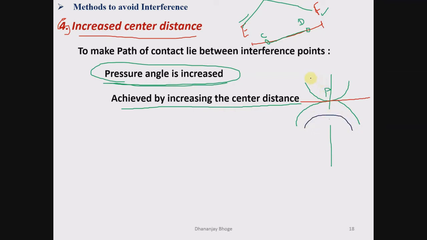This is base circle 1, this is base circle 2, and we have this pressure line passing through the pitch point, and this pressure line is common tangent to both the base circles. And we have seen that angle between these two lines, common tangent to two pitch circles and common tangent to two base circles, is the pressure angle, correct?